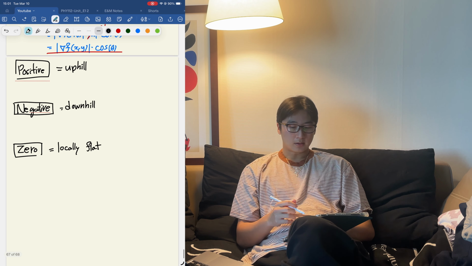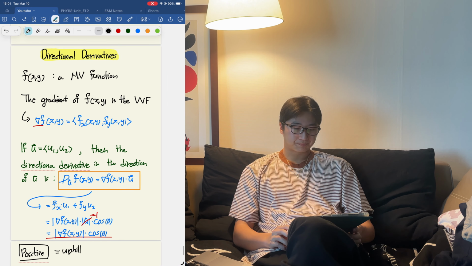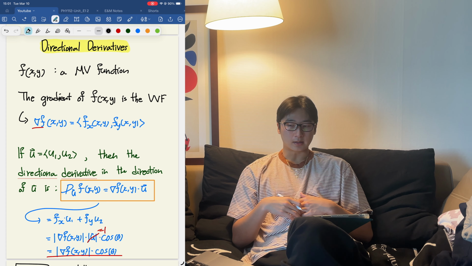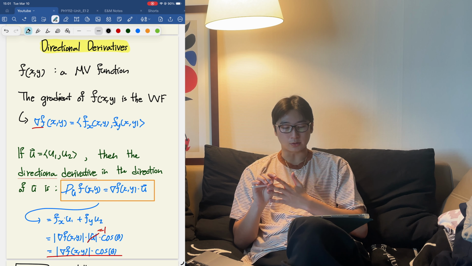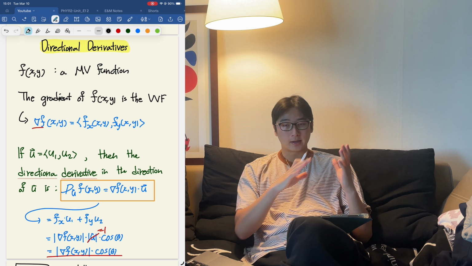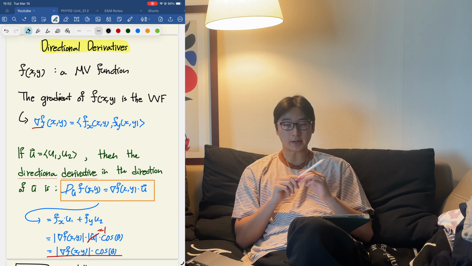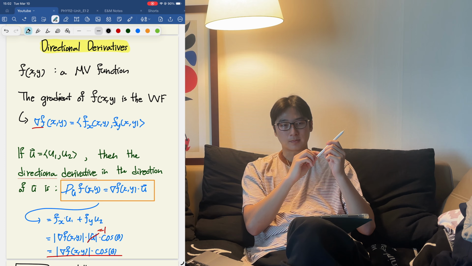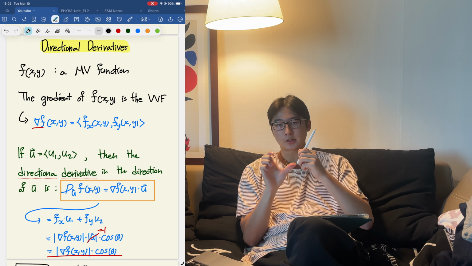All right, that's it for today's video. Simply put, directional derivatives let us find how steep the slope is in whatever direction we choose. Fundamentally, it's just the combination of the dot product and the gradient. The gradient always points to the steepest hill, and we use the dot product with the direction vector.